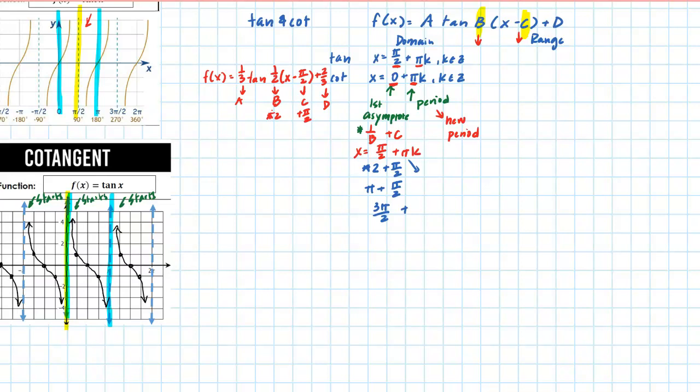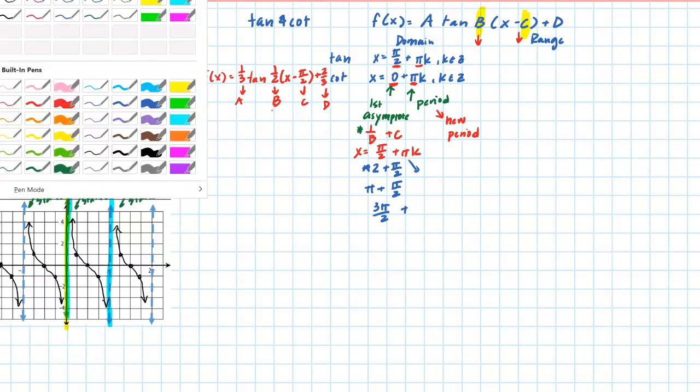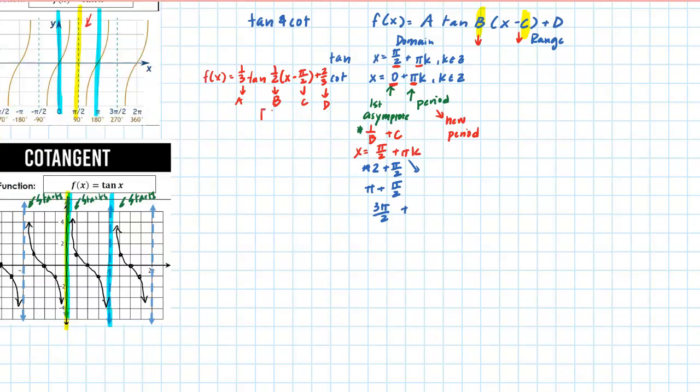So period is, no, I don't want to confuse you. B equals 1/2 and C equals pi halves. But in order to multiply it, we have to take the reciprocal. In order to apply it to the x values, we have to take the reciprocal. Okay, and that's why I multiplied it by 2 right here.